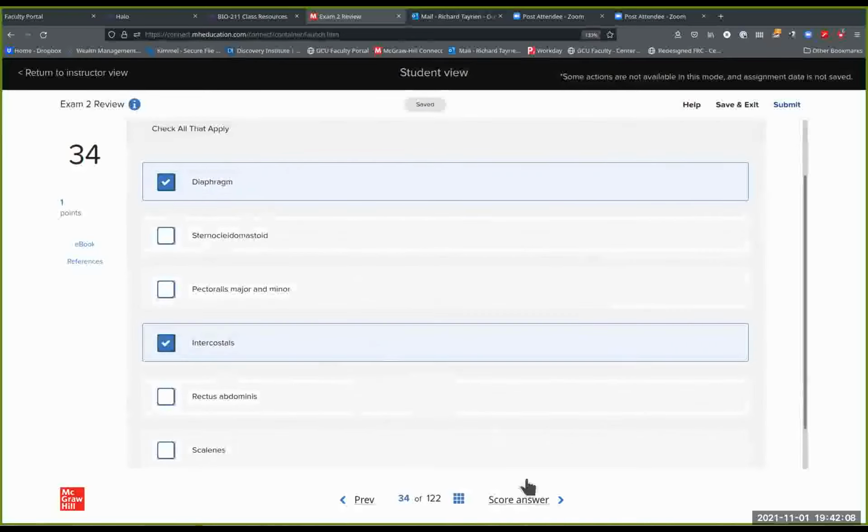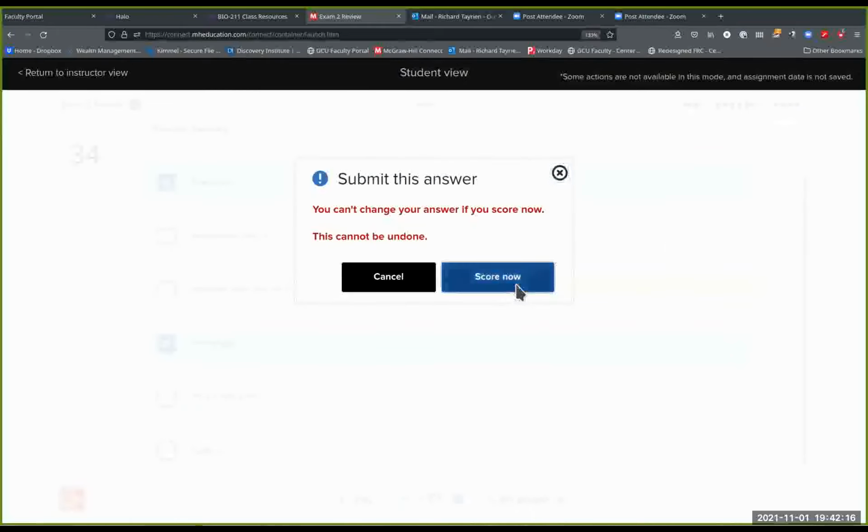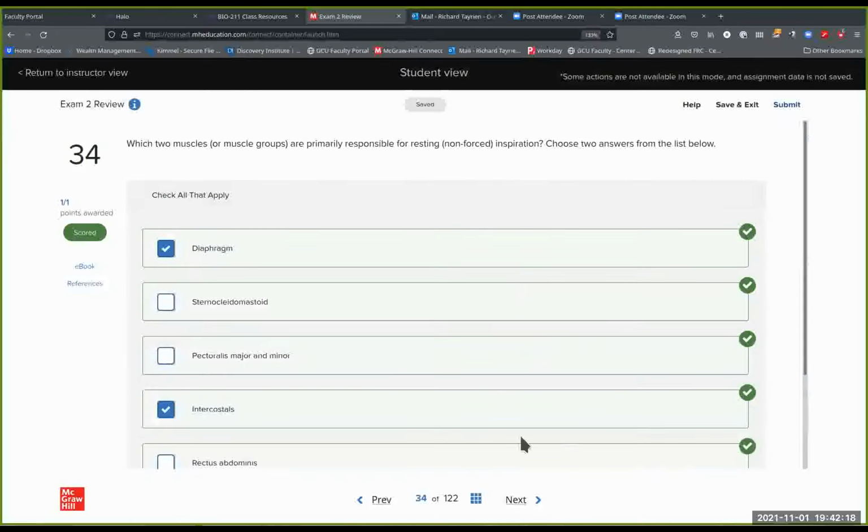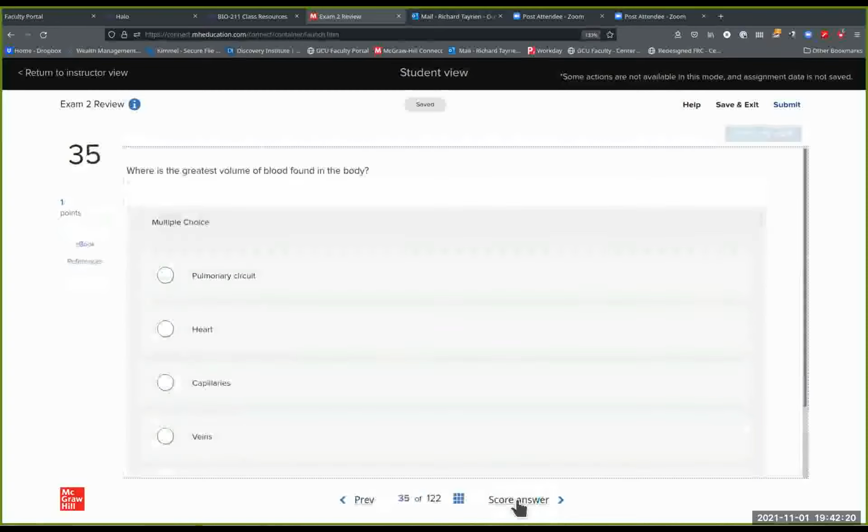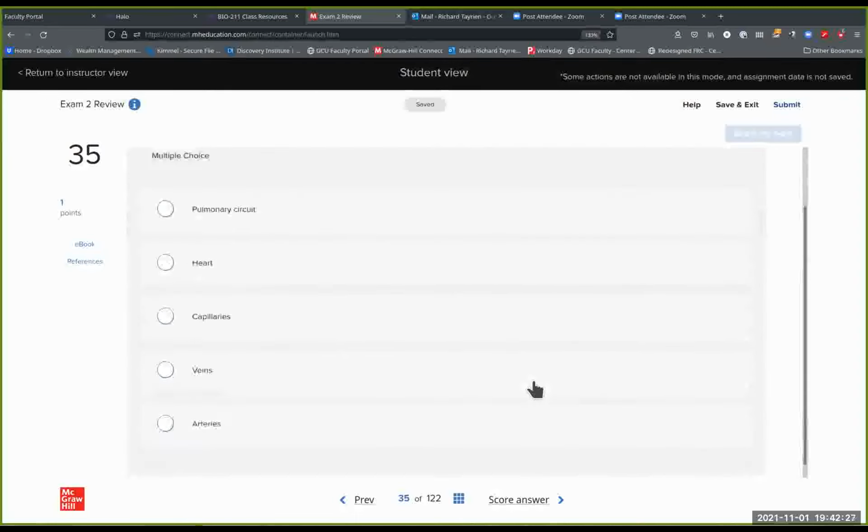I've seen this on several tests. Where's the greatest volume of blood found in the body? Veins. Yep.